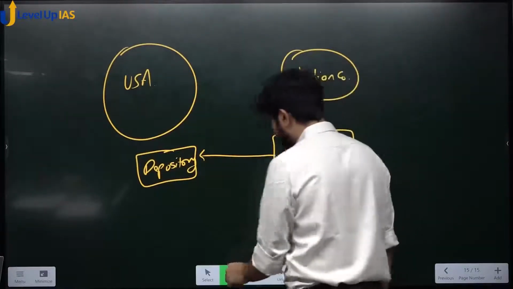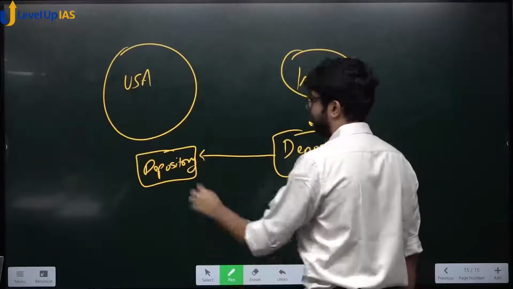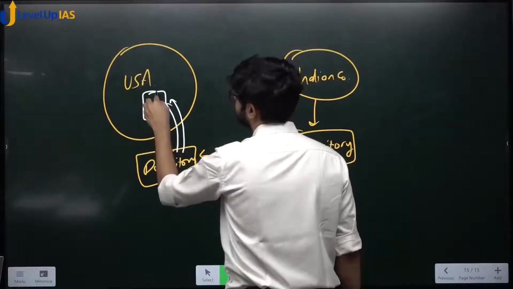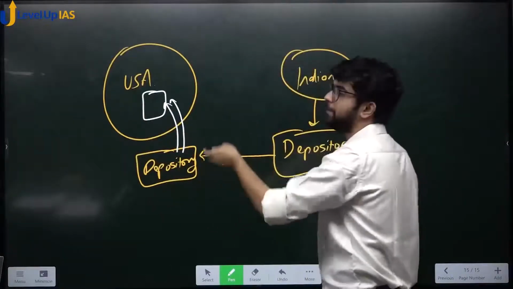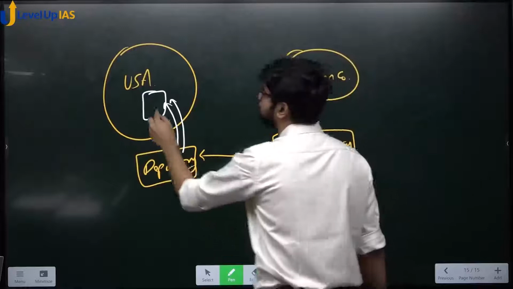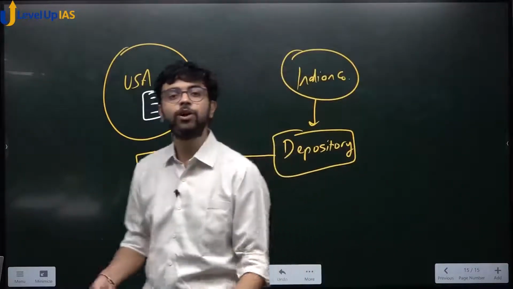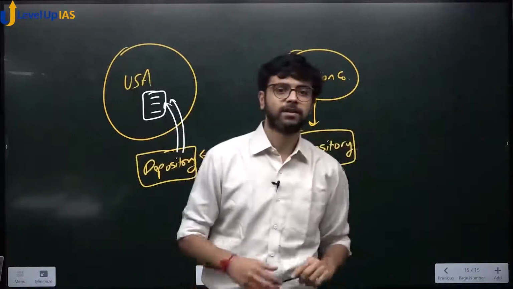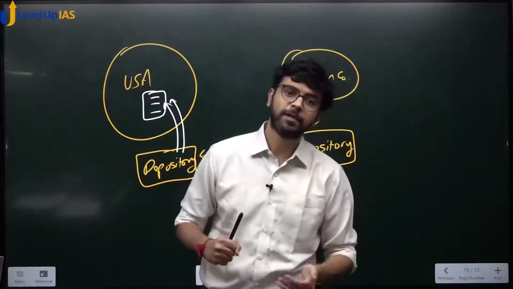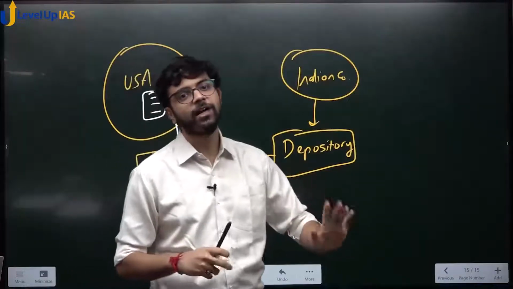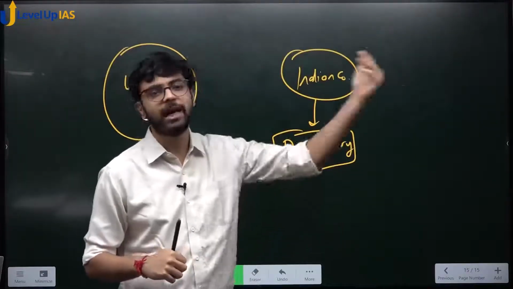And that depository will not issue shares, because shares cannot be issued as the Indian company is not registered in USA. It will issue certain receipts which say that one receipt is equivalent to one share in that Indian company. It is not a share per se, but it is a receipt which represents the right to own a share in that company.